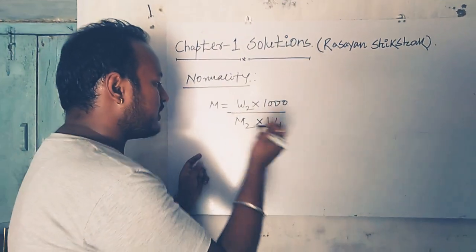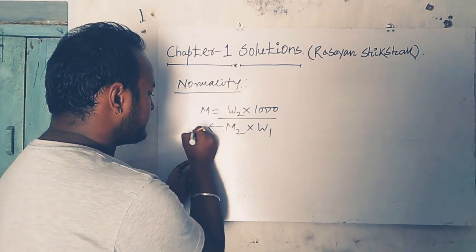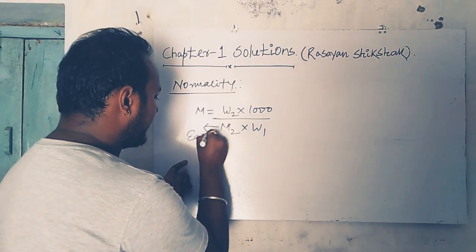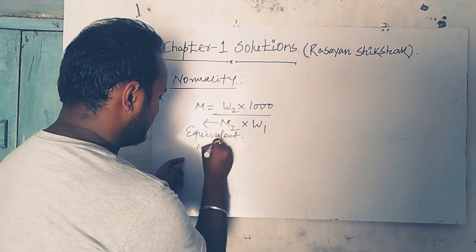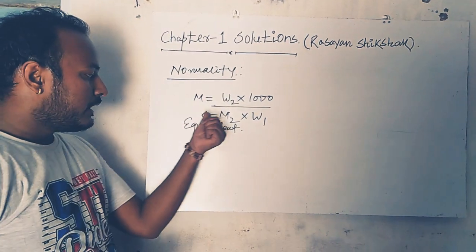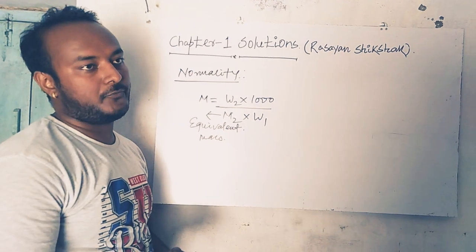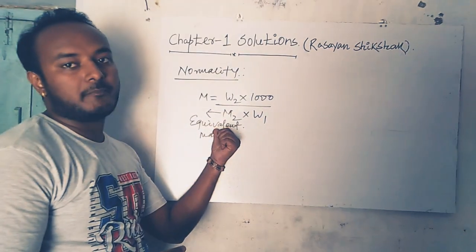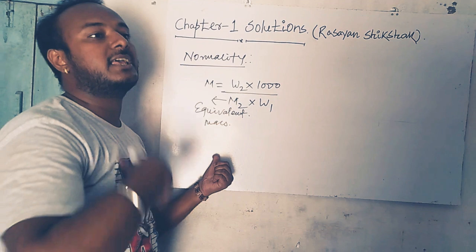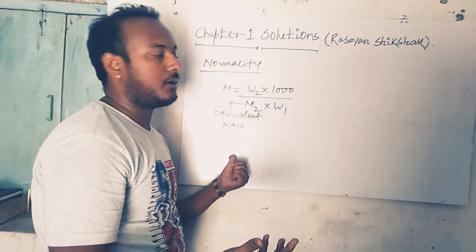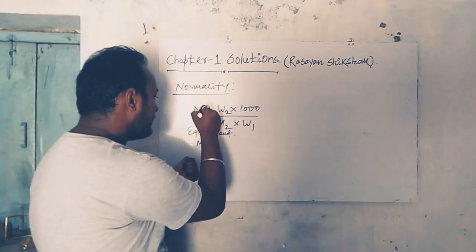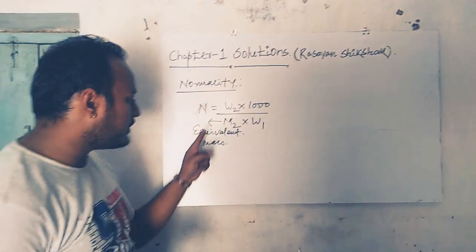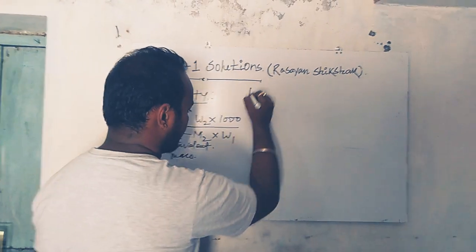There in case of molarity it was molecular mass, but here it is equivalent mass. This is a new topic for you. So here we are calculating normality and M2 is equivalent mass.